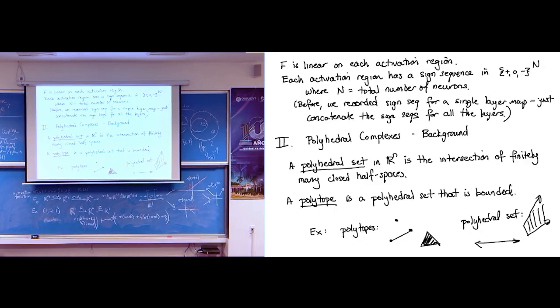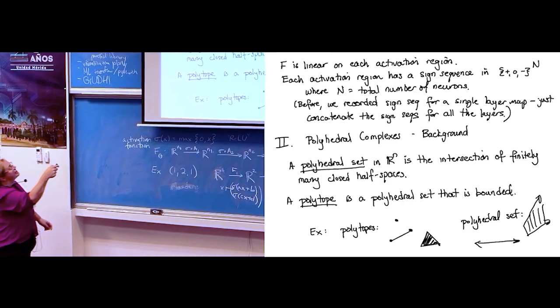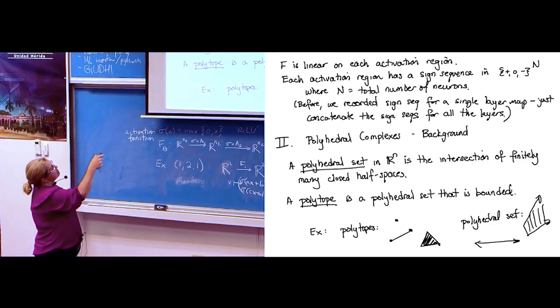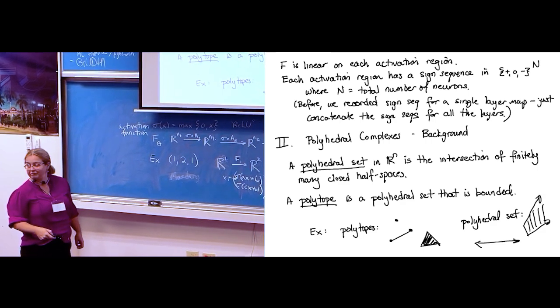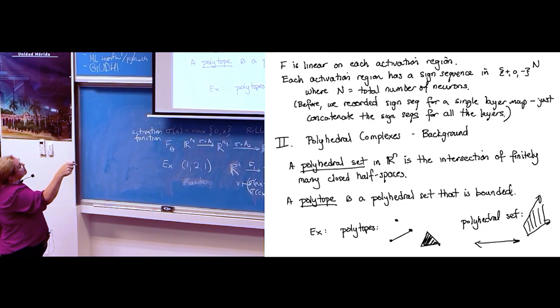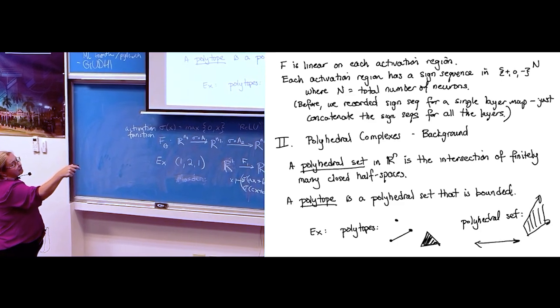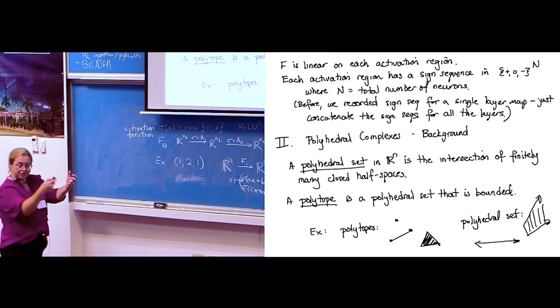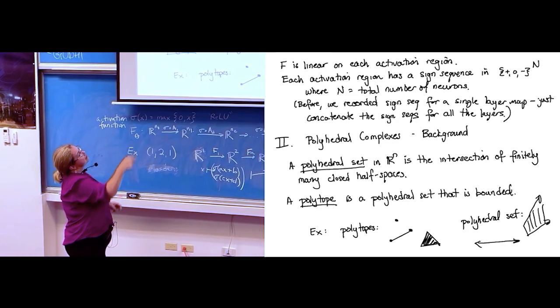So almost automatically, just because of the way we've built this, our map F is linear on each activation region. And for each activation region, you can associate to it a sequence of signs. For each neuron, each coordinate, you have a plus, a 0, or a minus.